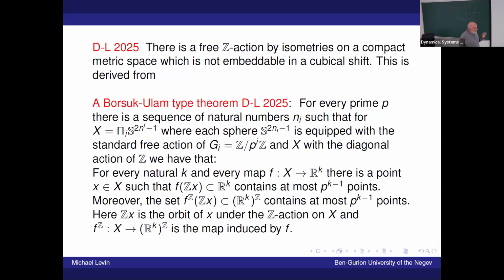So for every k and every map from X to k-dimensional Euclidean space R^k, there is a point of X such that the image of the orbit of x under the action of Z consists of at most p to the power k minus 1 points. Okay?